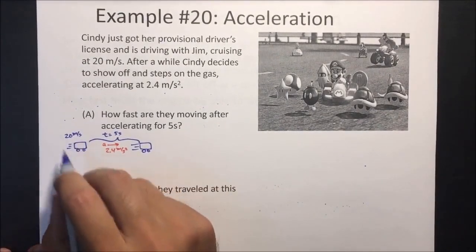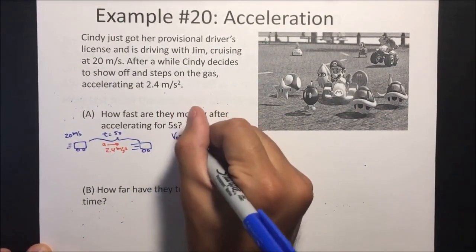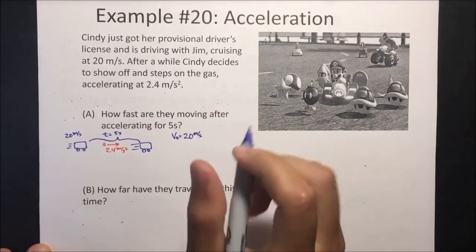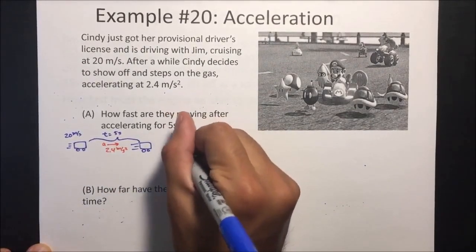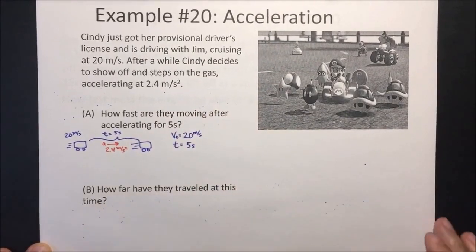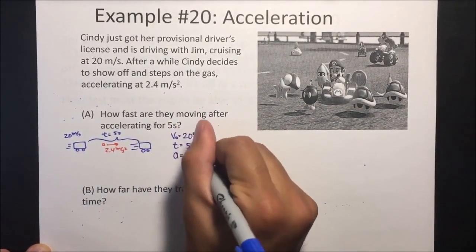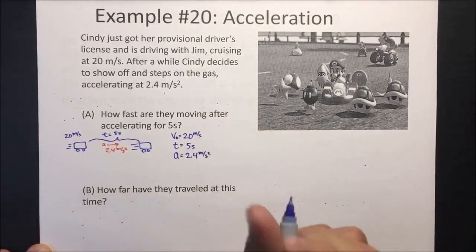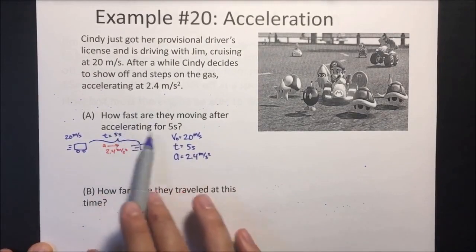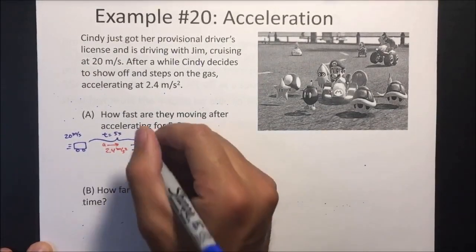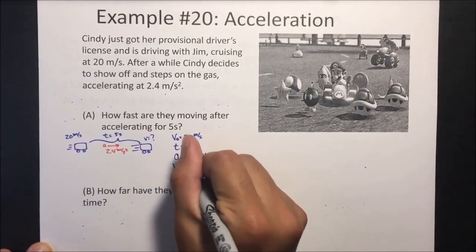We know that the car is initially moving with a velocity of 20 meters per second. She's accelerating for 5 seconds. She's accelerating with an acceleration of 2.4 meters per second squared. And we want to know how fast are they moving after accelerating for 5 seconds. So we want to know how fast over here. So that's going to be the final velocity.